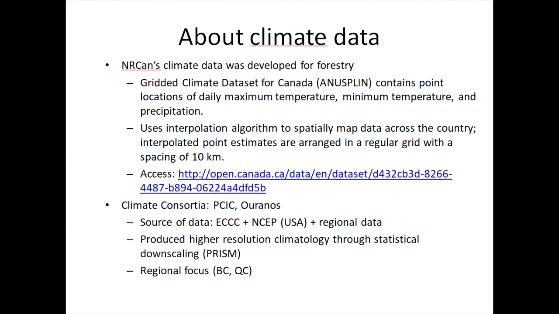These groups are in charge of producing regional climate modeling, but they have a more regional focus. Typically, the data sets provided by PCIC are valid in BC, and Ouranos mostly in Quebec. They also use interpolation algorithms, but more sophisticated ones that take into account the topography, for example, to correct and produce something that is presented at a higher resolution.